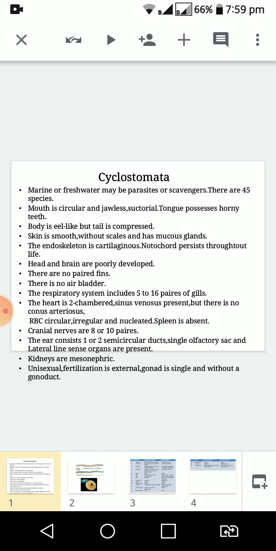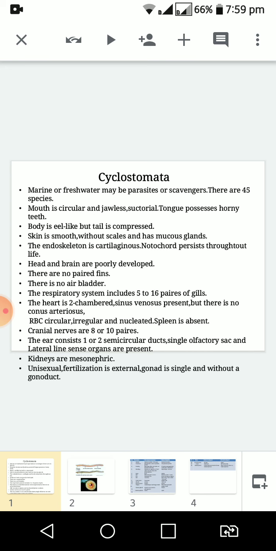In Cyclostomata, all the animals are jawless. There are no jaws, and the mouth is circular, round in shape, and the tongue possesses horny teeth. The body looks eel-like, but the tail is compressed.